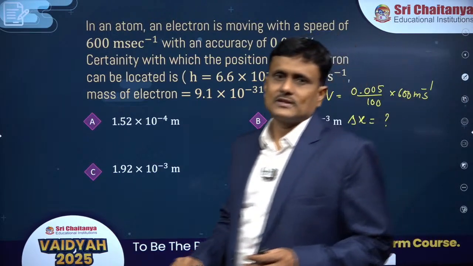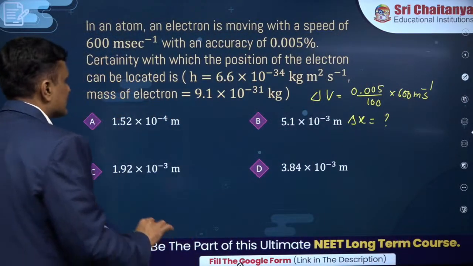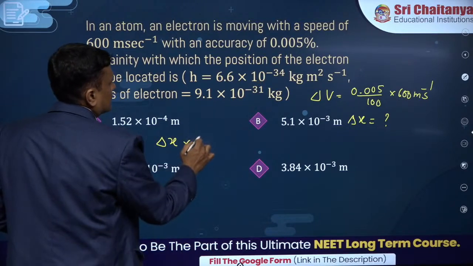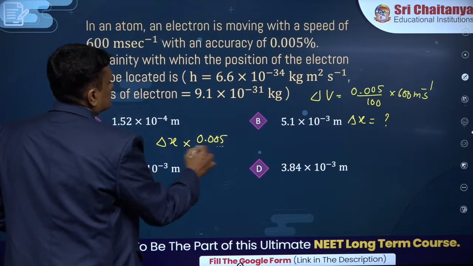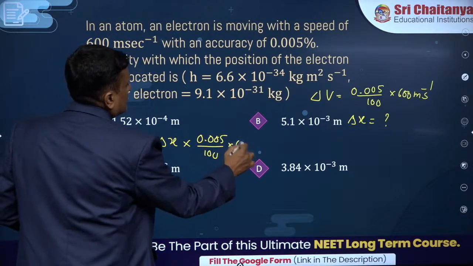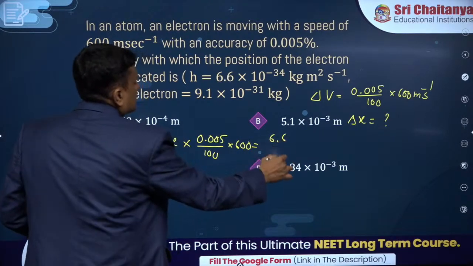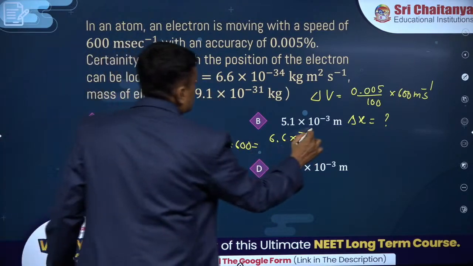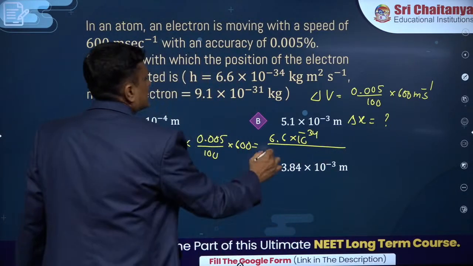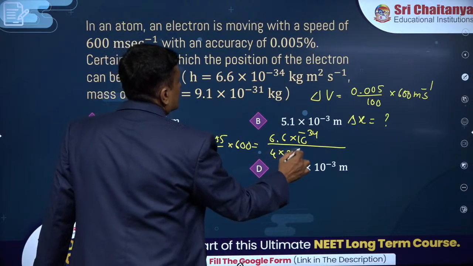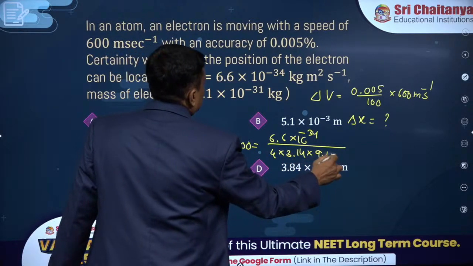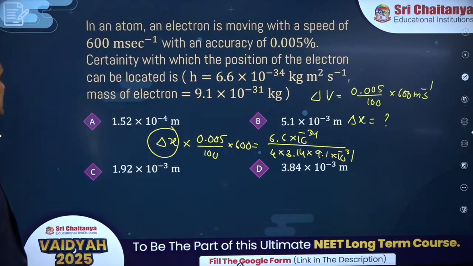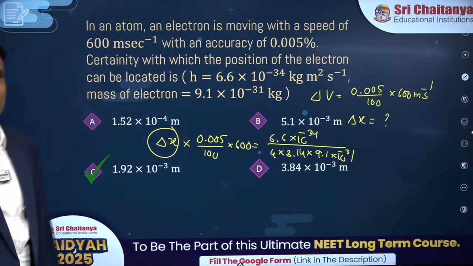So please be careful while substituting the values. I think you don't have any doubt related to this. Delta X into delta V, we know the formula, is equal to h by 4 pi m. You will be given all the values indeed. You need to substitute all the values and get your answer for delta X. You need to simplify the calculations. Alright, you have to do it by yourself.